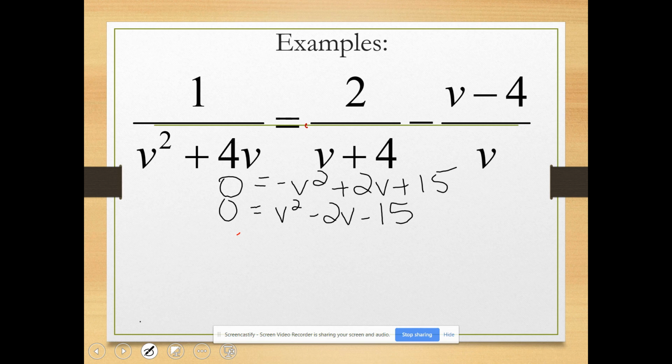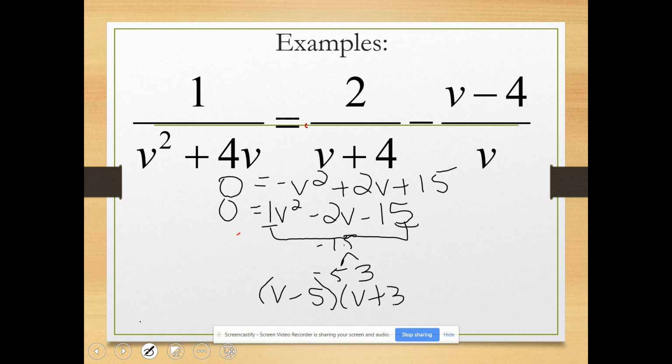So the factors of negative 15 that add to negative 2 are going to be negative 5 and positive 3. That gives us v minus 5 and v plus 3 is equal to 0. So I set each of those equal to 0. And we get v is equal to 5 and v is equal to negative 3.